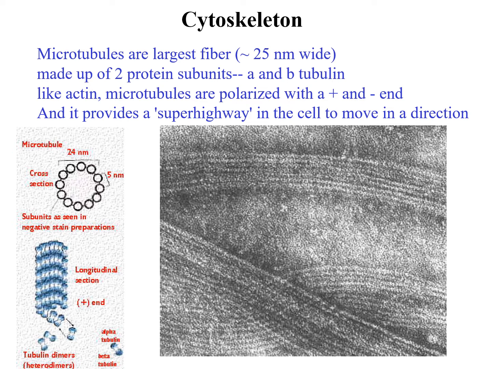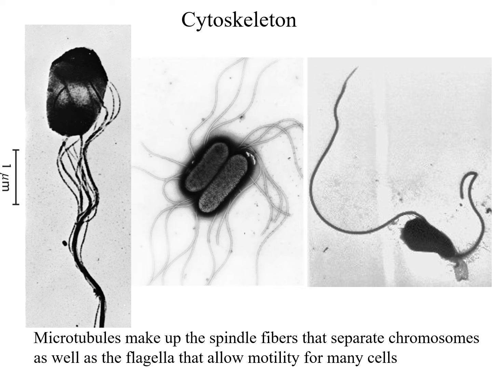You can also see the microscopic structure of the microtubule, the largest fiber, 25 nanometers wide and made up of 2 protein subunits. This is all about the cytoskeleton. It contains microtubules like the spindle fibers that separate the chromosomes, as well as flagella that allow motility.